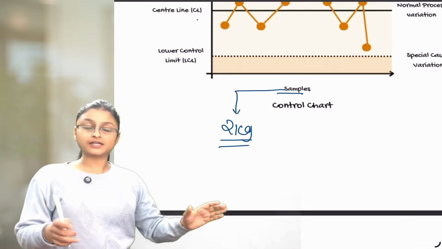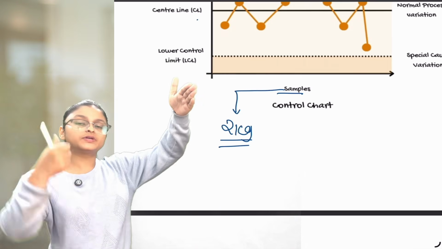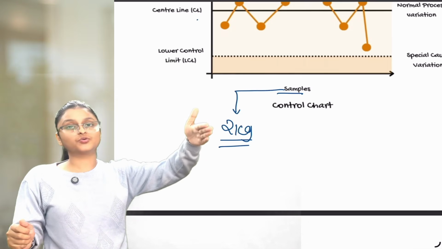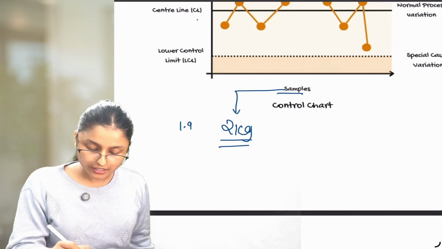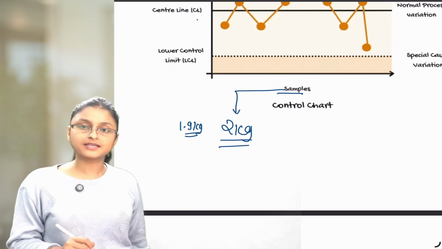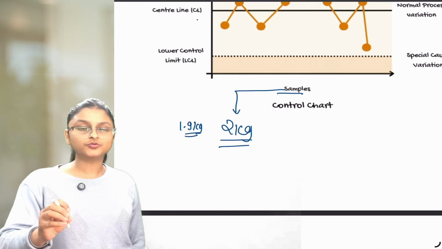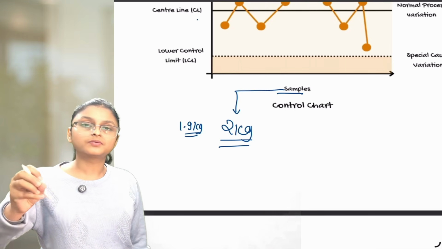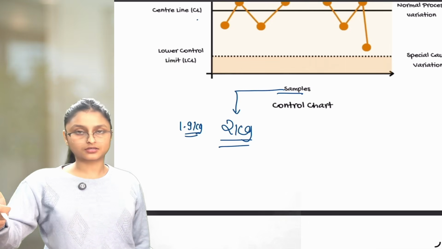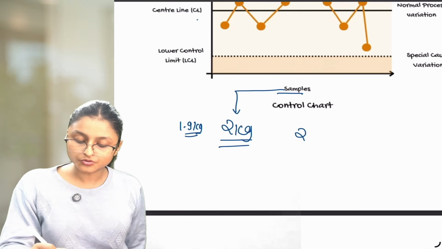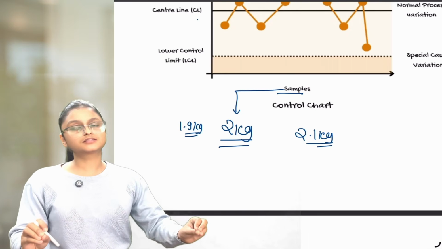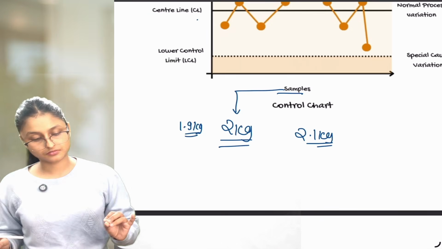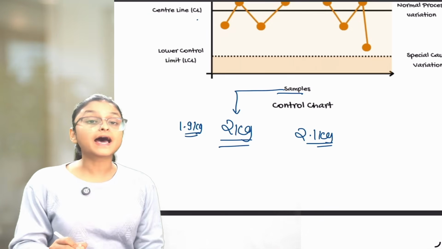So you need to set a limit on how much up is okay and how much down is okay. Let's say our organization has said that if it goes to 1.9 kg, it is good enough. We can use that product and it will be called a stable product. Next, if it goes to 2.1 kg, it will also be treated as a stable product, no issues with the product. So these are set as limits.